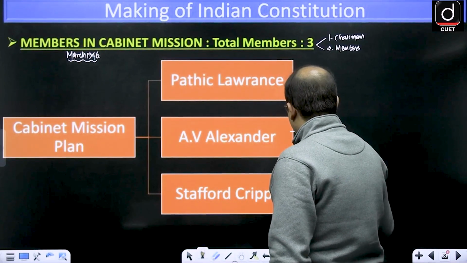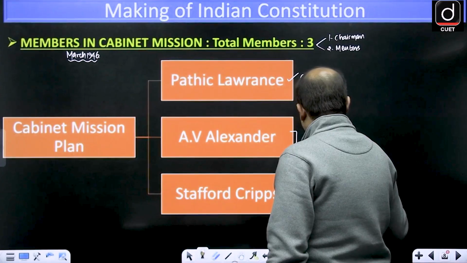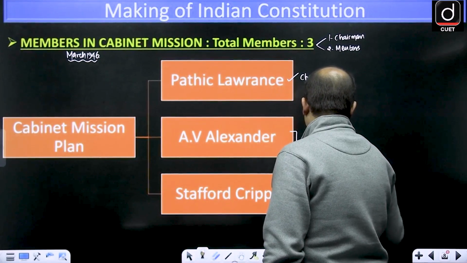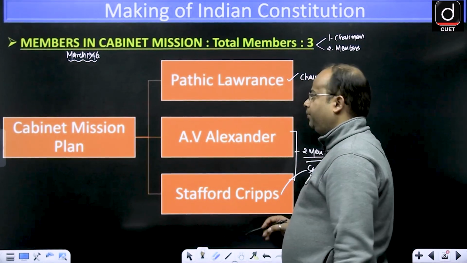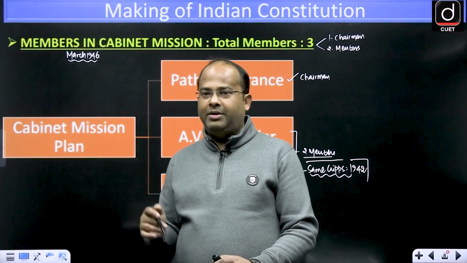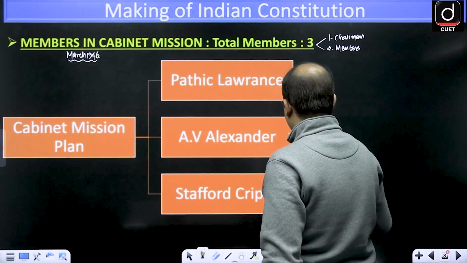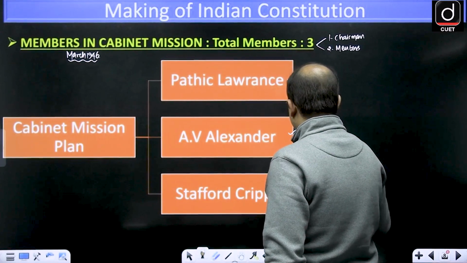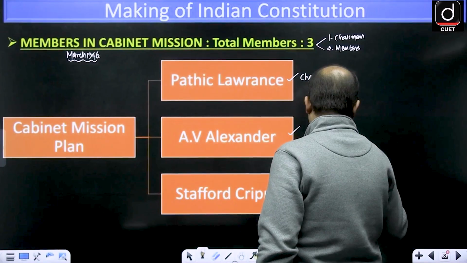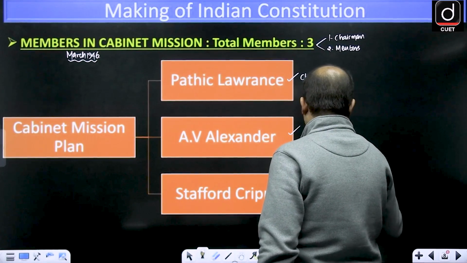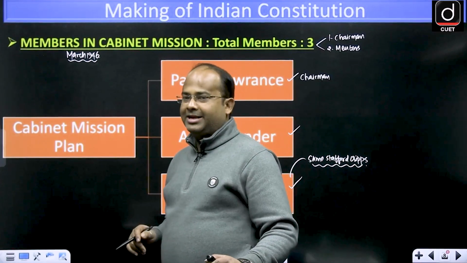Stafford Cripps is the same Cripps who came to India earlier, in 1942. I hope that is clear, guys.